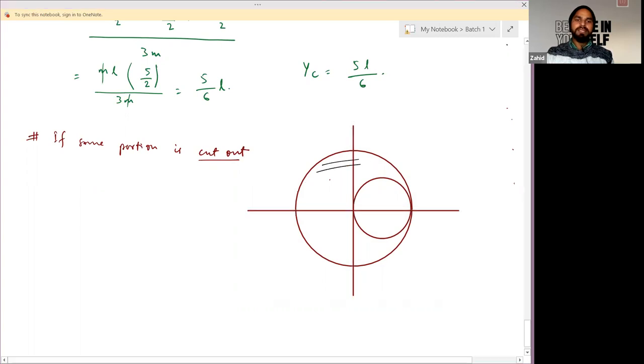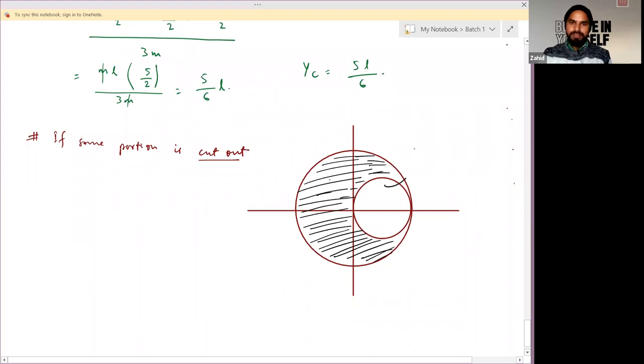Let's say this is your disk, which was initially a complete disk. Now, a portion of it is cut out or removed.